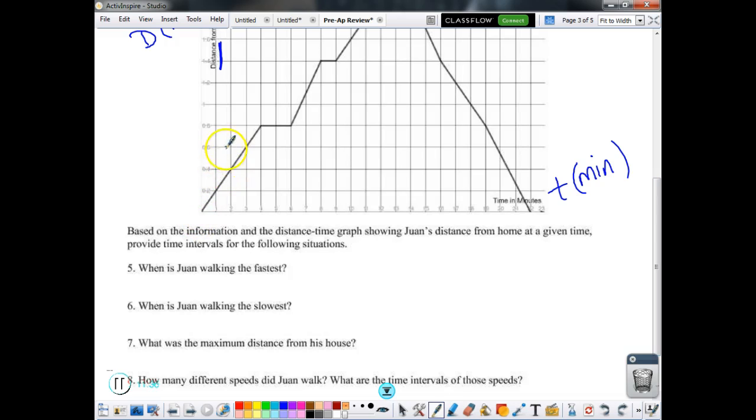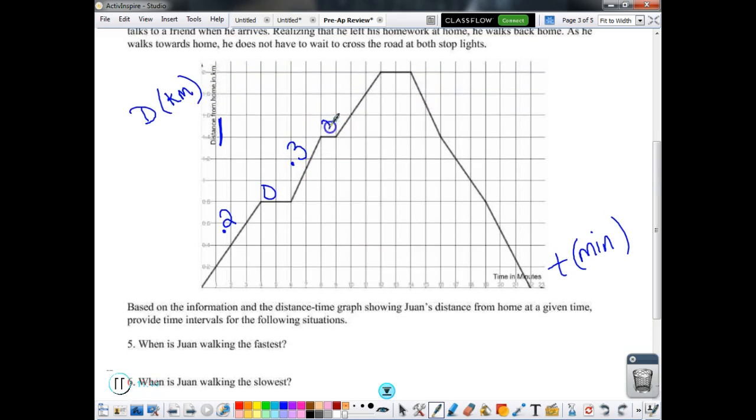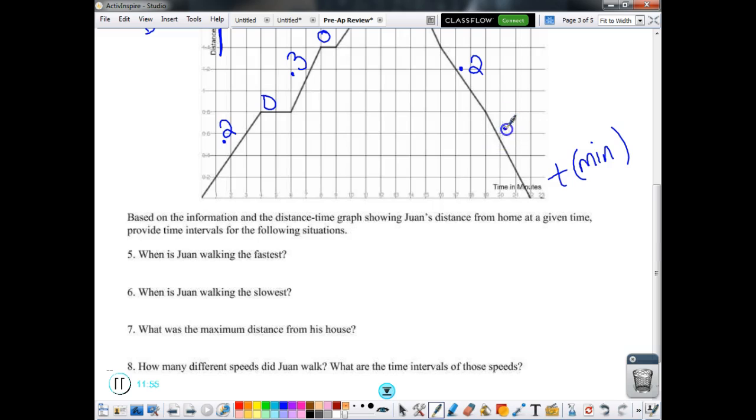So here my slope is 0.2. This one's 0 slope. This one's 0.3. 0, 0.2, 0, 0.2, and this one's 0.8 divided by 3, right?